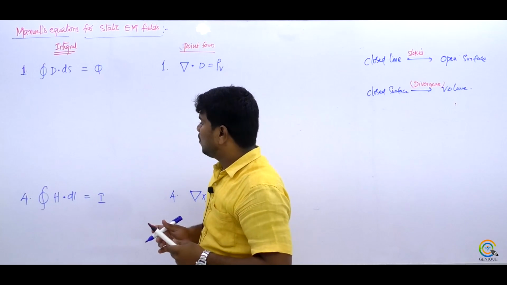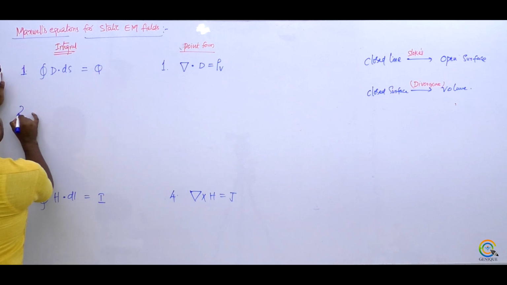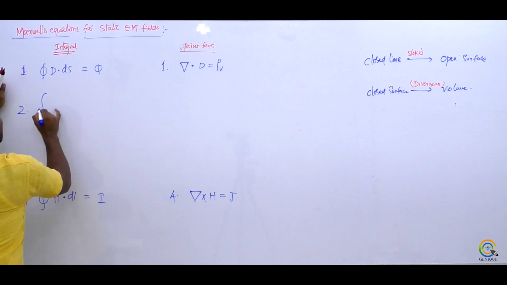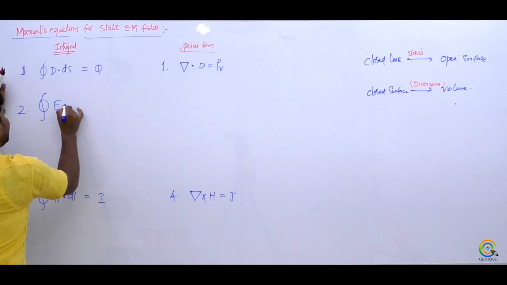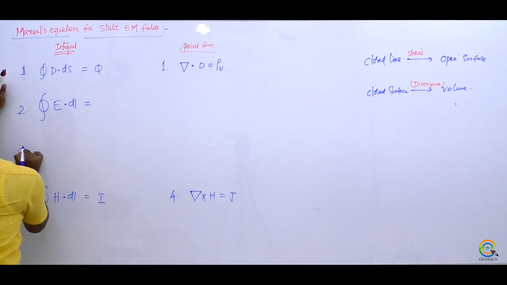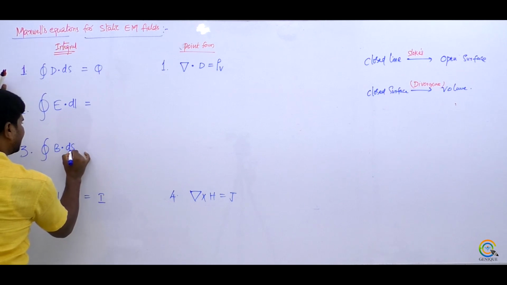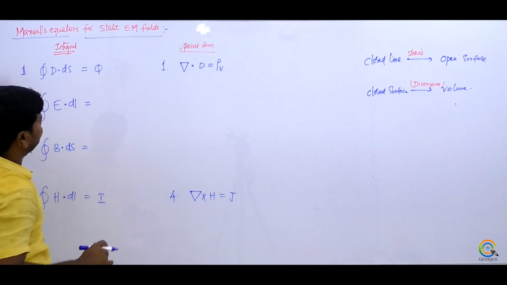Now what about the second and third equations? The second equation is the closed line integral of E dot dl equal to something. The third equation is the closed surface integral of B dot ds equal to something.